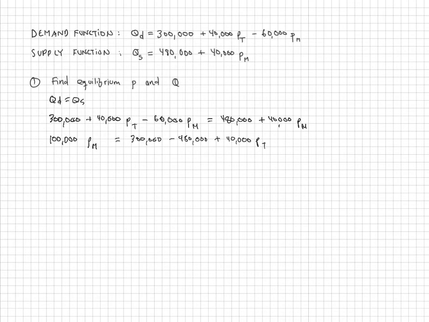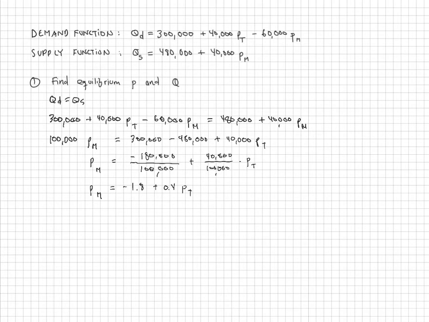All right, simplifying here, and we get PM equals minus 180,000 divided by 100,000, plus 40,000 divided by 100,000 times PT. Simplify one more time just to make it look nice, and we have minus 1.8 plus 0.4 PT.